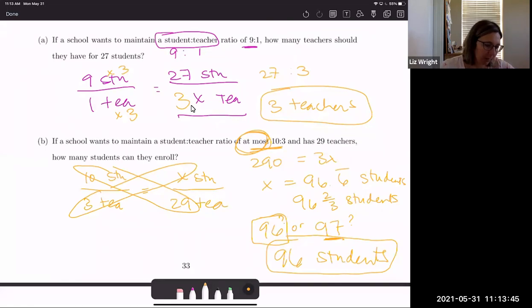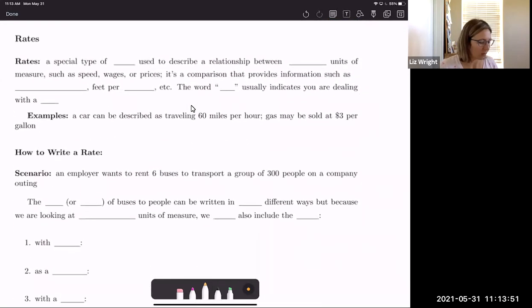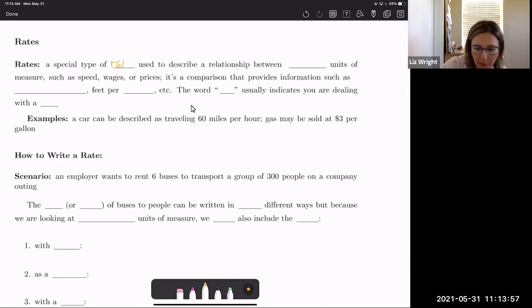And then let me flip the page here because we are going to the next page in the video. So far we've talked about ratios, and now we're going to talk about a special type of ratio, which is exactly our first blank. A special type of ratio used to describe a relationship between different units of measure, such as speed, wages, or prices.